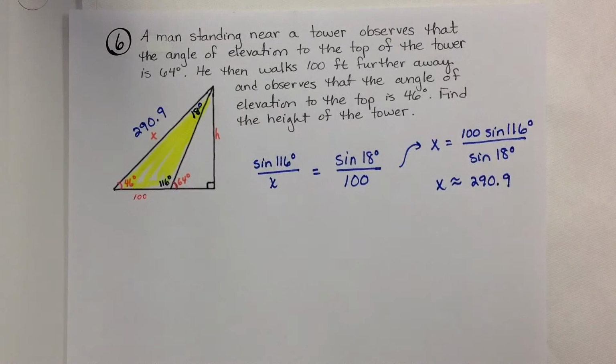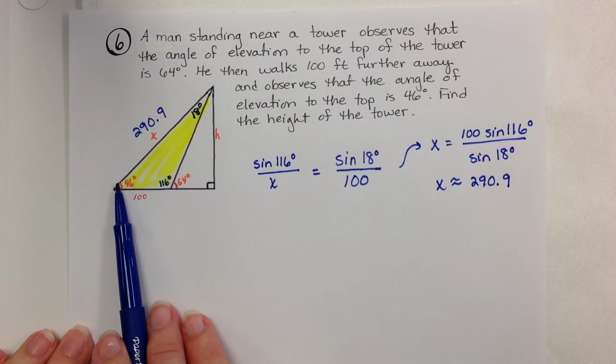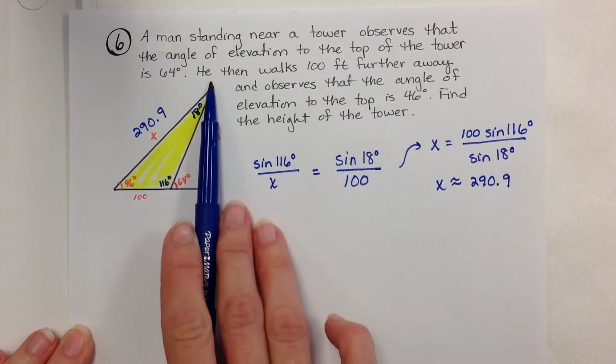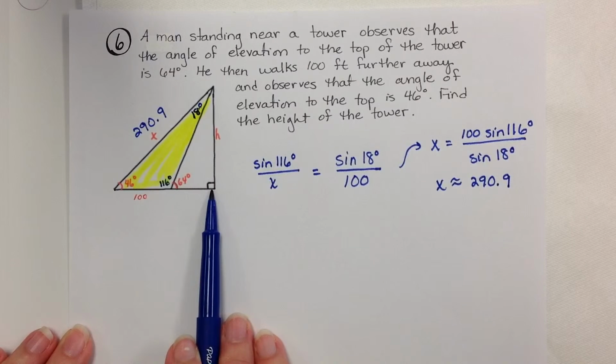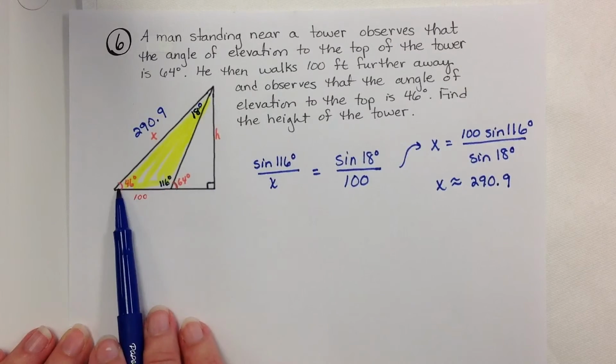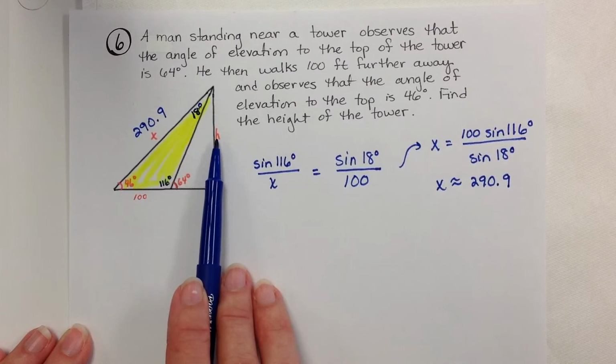Okay, so now I'm trying to find H. If you look at your overall, the big triangle all together, you're actually back to a right triangle. And on that right triangle, see, I know this angle down here, and of course I know this side, and I'm trying to find this side.